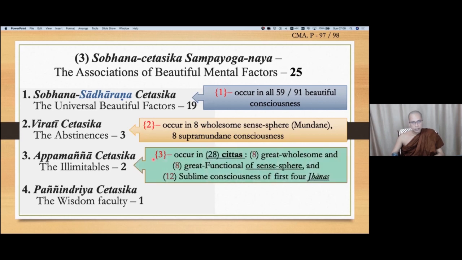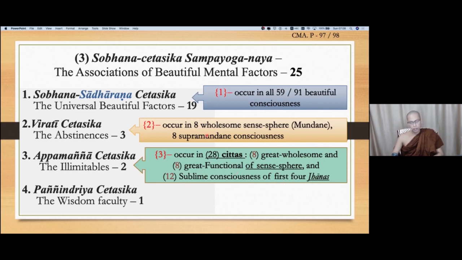Then Appamanna Cetasika, the 2 illimitables, they can occur in 28. So great wholesome is the same as the Virati. Then great functional, the 8 functional sense-sphere, then 12 sublime consciousness.